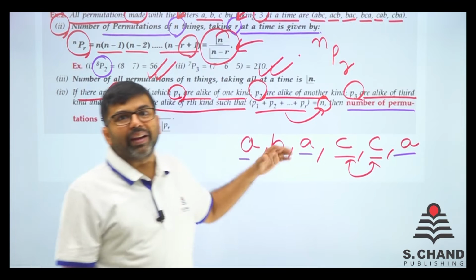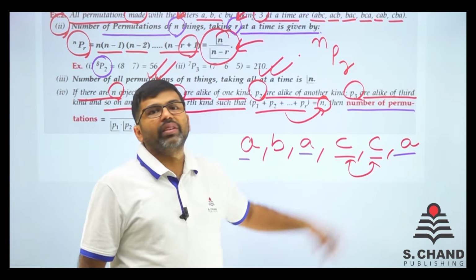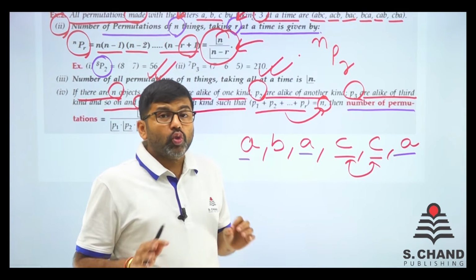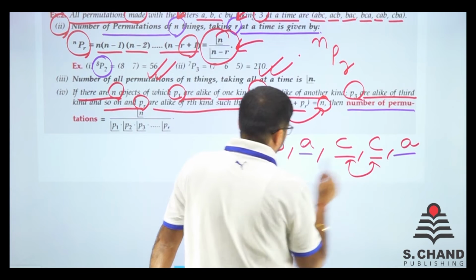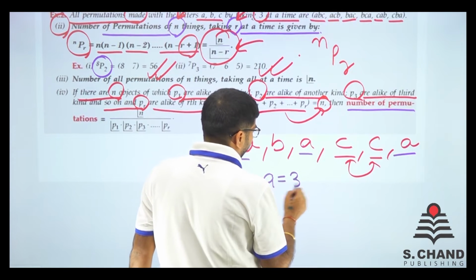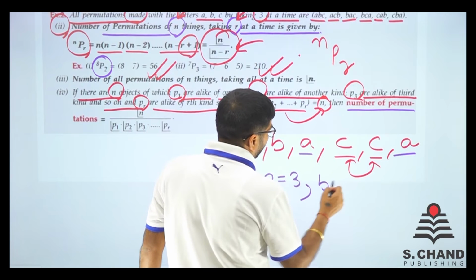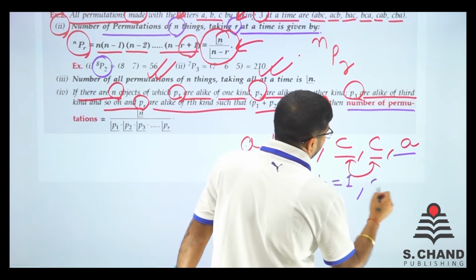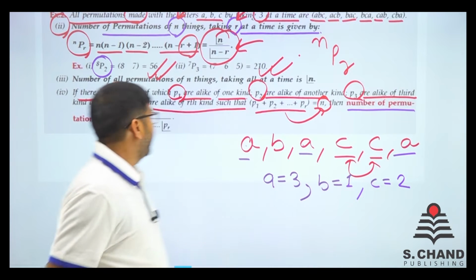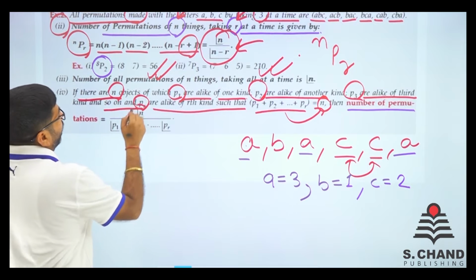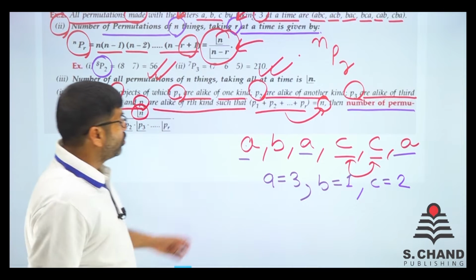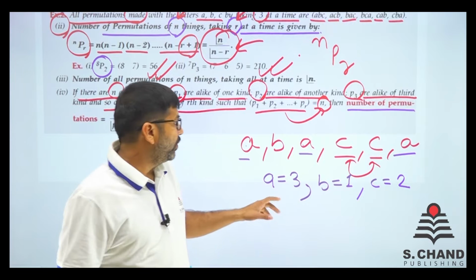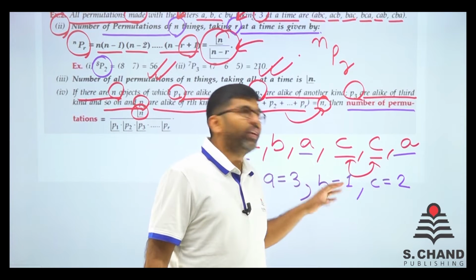So in that arrangement, this C or that C will remain the same. So there are 1, 2, 3 A, and B is 1, and C are 2. So what does it say? It says that whatever is alike, p1 are alike of the same kind. So there are 3 of one kind, 2 of one kind, and 1 of one kind.